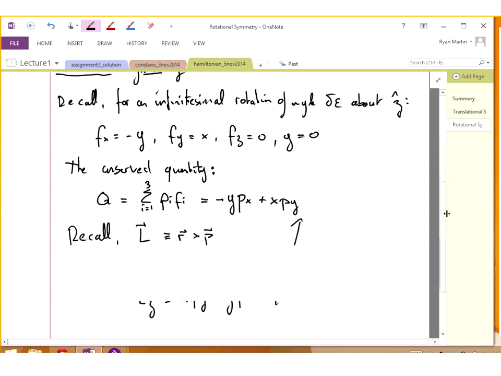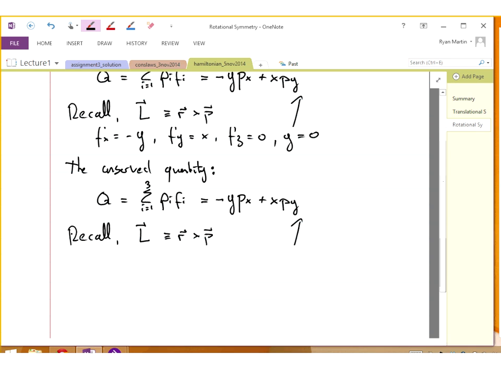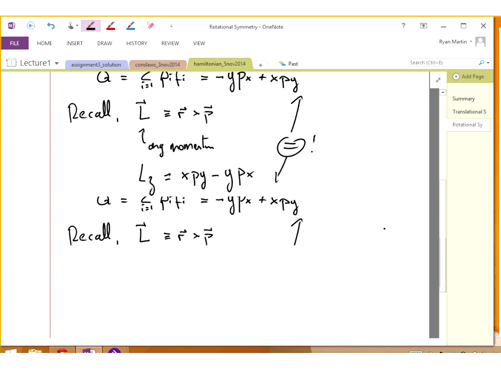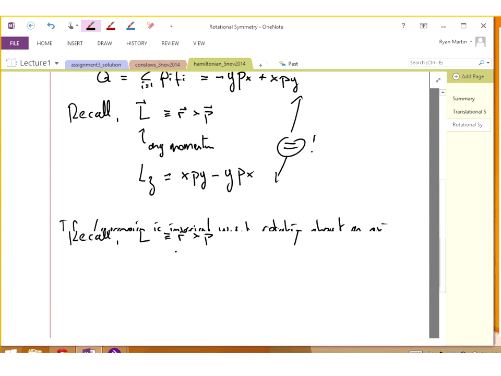This is another statement you might have heard. If the Lagrangian is invariant with respect to rotations about an axis, then angular momentum about that axis is conserved.